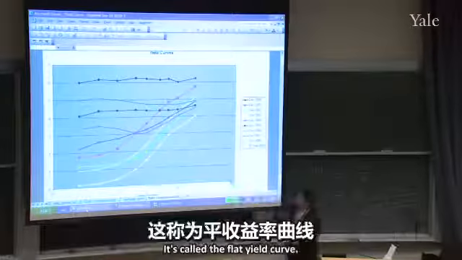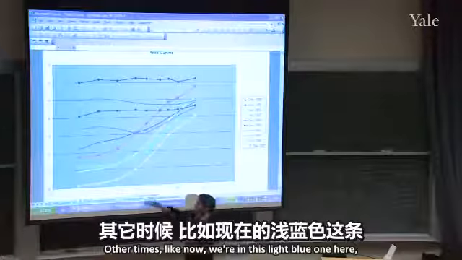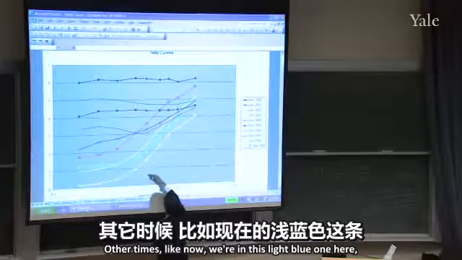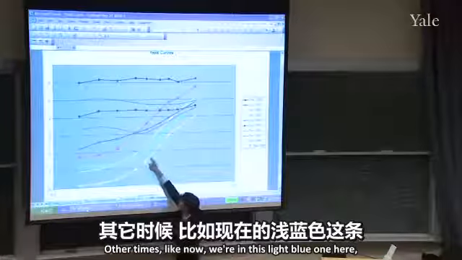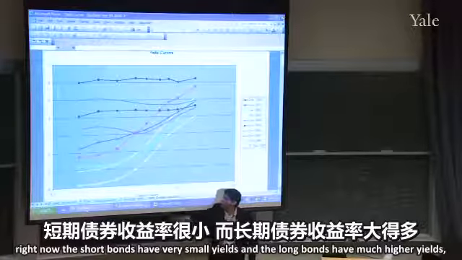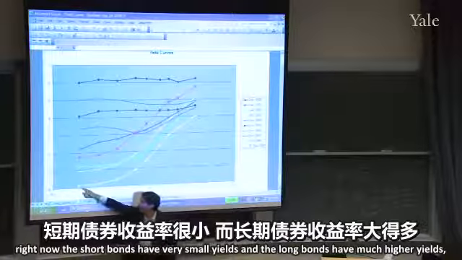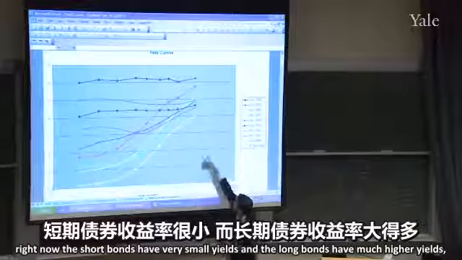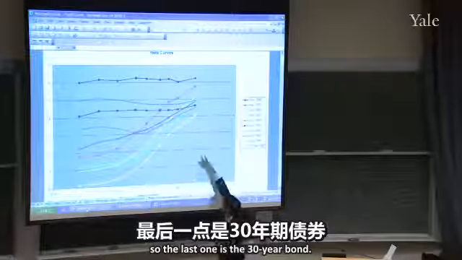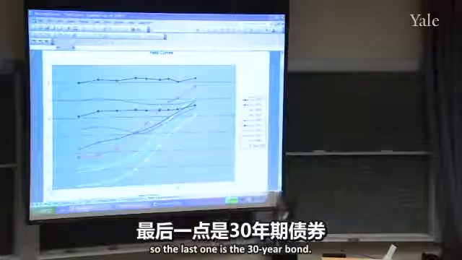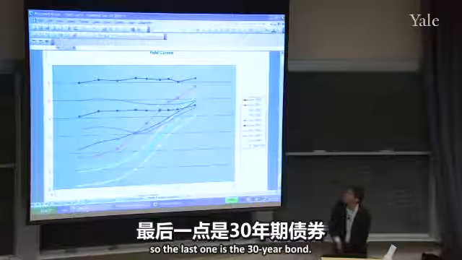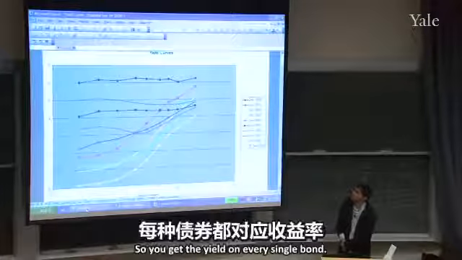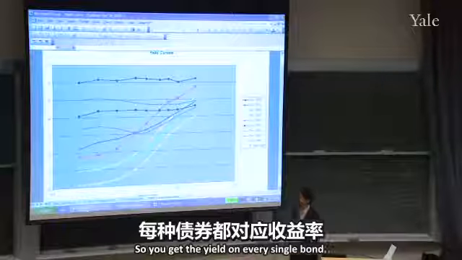That's called a flat yield curve. Other times, like now, in this light blue one, the short bonds have very small yields and the long bonds have much higher yields. The last one is the 30-year bond. So you get the yield on every single bond.